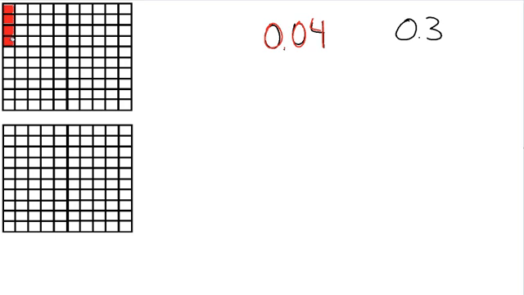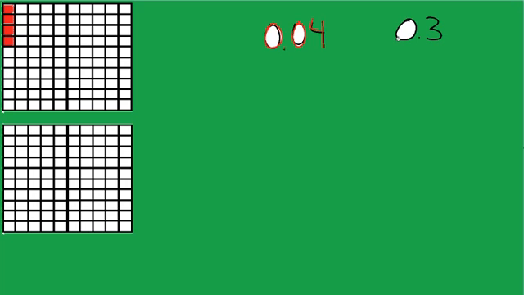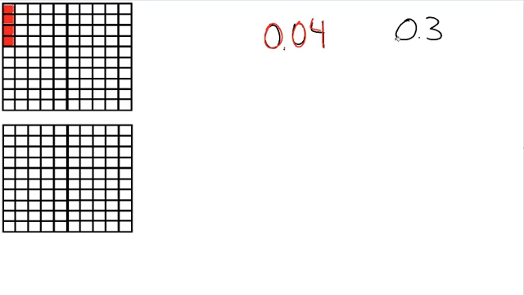And this one here is 3 tenths, so I'll color in 3 tenths. 3 tenths would be 1 column out of 10, 2 columns out of 10, and here's 3 columns out of 10.